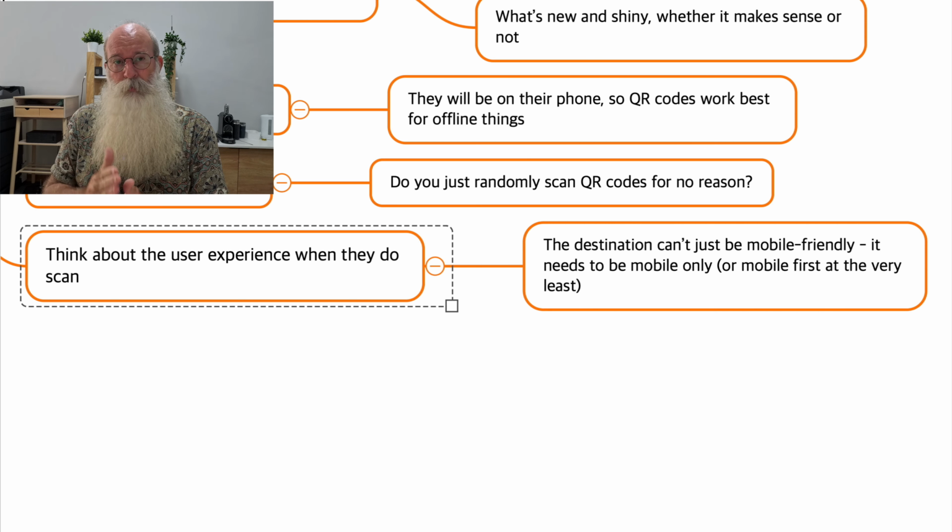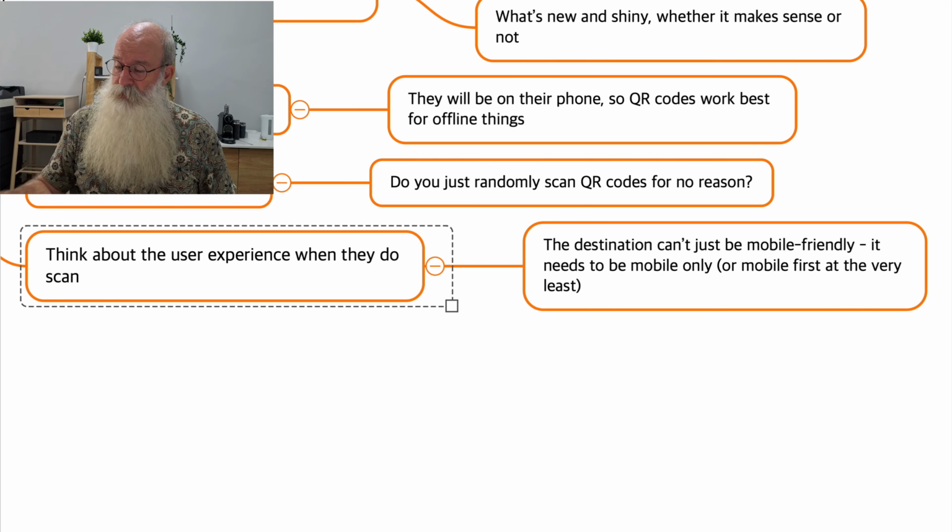Whereas if it's going to a page that is dedicated for somebody who scanned a QR code to get to it, it might look like complete rubbish on your desktop, but it doesn't matter because it's built for being looked at on a phone. Strip out a lot of the desktop-y kind of stuff. Just don't show it.